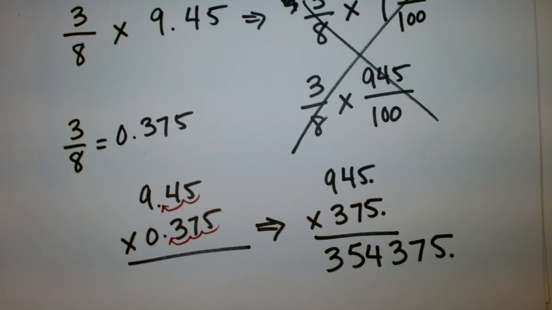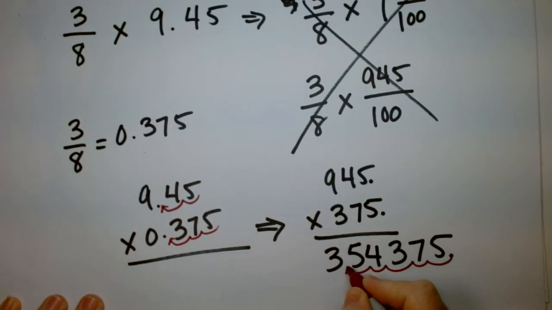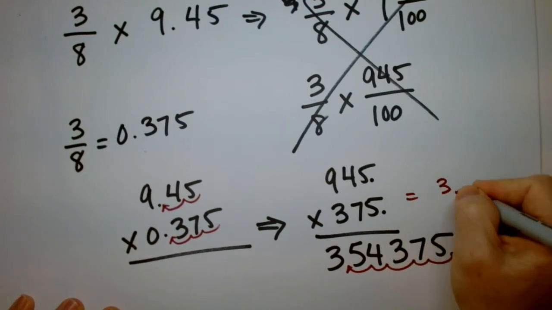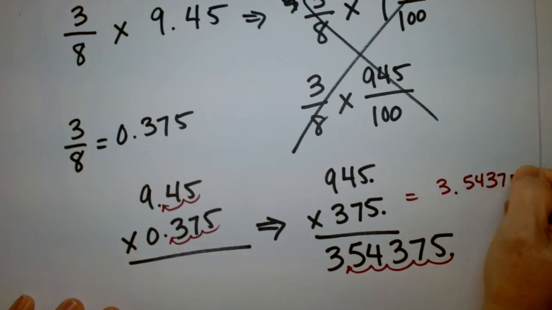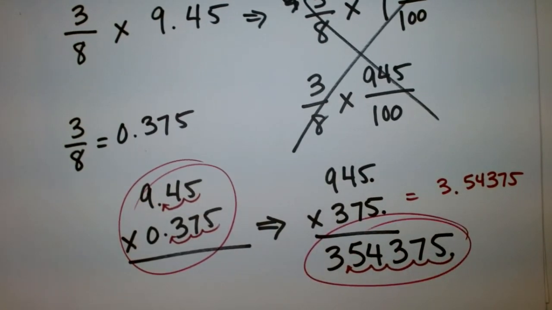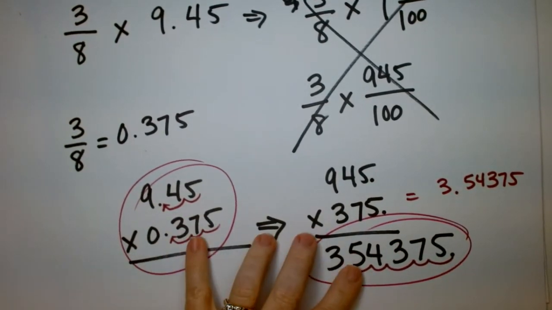So what's the answer? Where does that decimal point go? So I had 2 hops here, 3 hops here. 1, 2, and then 1, 2, 3. So my answer is 3.54375.